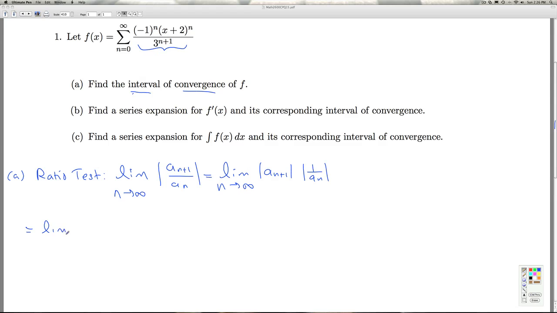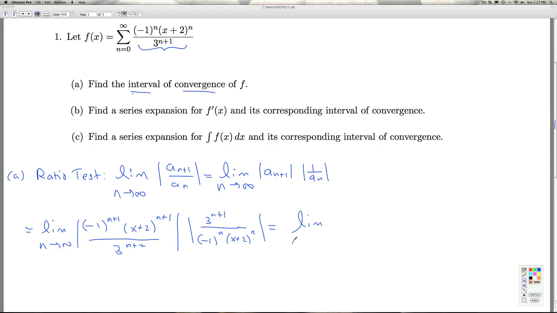So this gives me the limit as n goes to infinity of the absolute value of negative 1 to the n plus 1, x plus 2 to the n plus 1, over 3 to the n plus 1 plus 1, or n plus 2, times the reciprocal of a_n. So I'm just going to take 3 to the n plus 1 over negative 1 to the n, x plus 2 to the n.